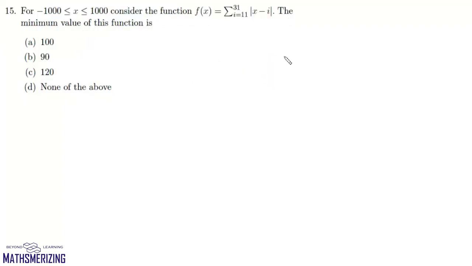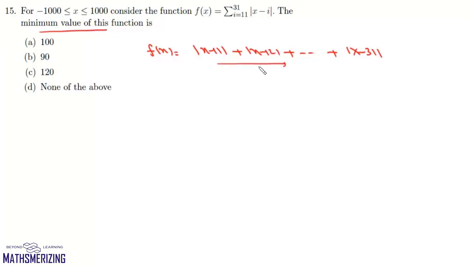Now question number 15 is, we need to consider this function f(x), which is mod of x minus 11 plus mod of x minus 12 up to mod of x minus 31, and we need to find the minimum value of this function. Now this function closely resembles mean deviation, and we know that mean deviation about the median is minimum.